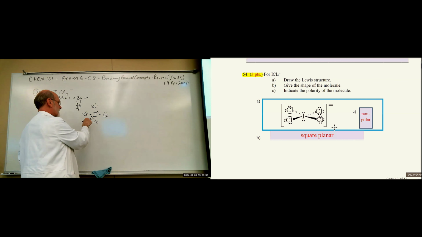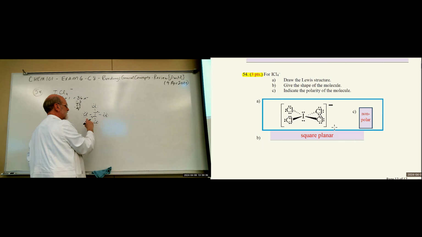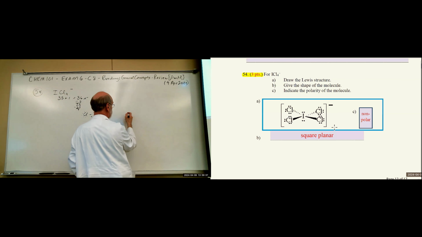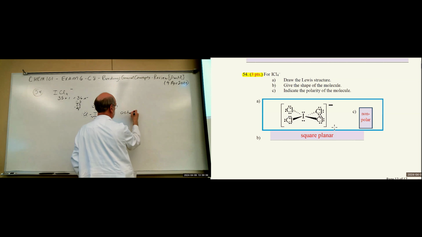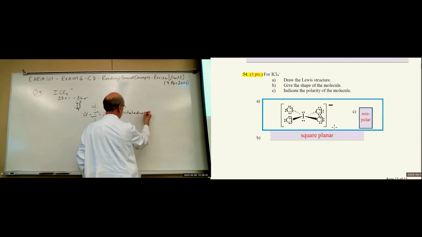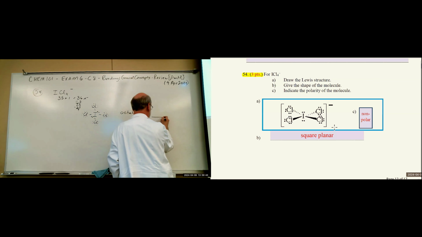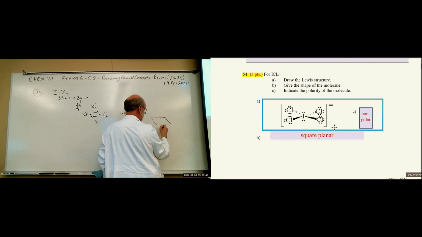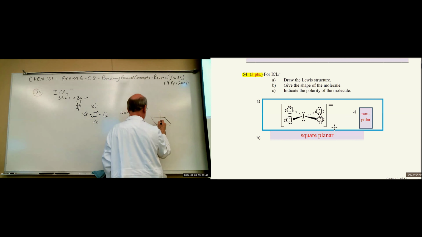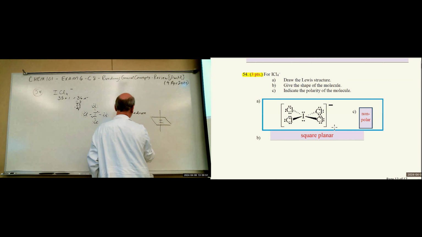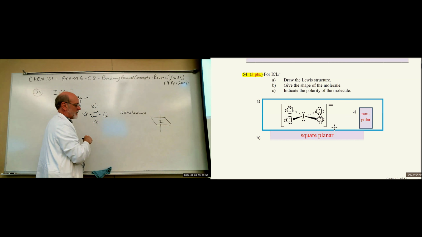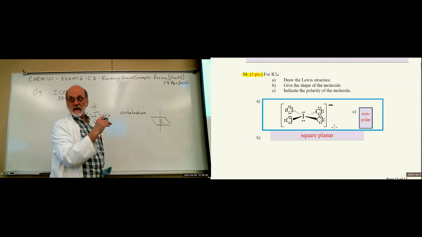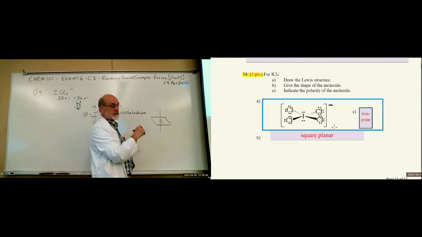Okay, so this has 1, 2, 3, 4, 5, 6 groups, which means electronically it's an octahedron. Right, and that means we've got a square in the center. And we've got something down here and something down there. And iodine goes in the middle. Now, where do the lone pairs go? In the octahedron structure, the lone pairs go at the apexes.